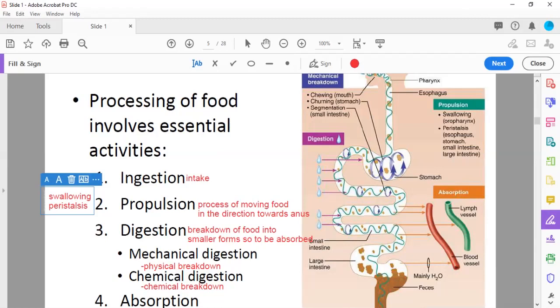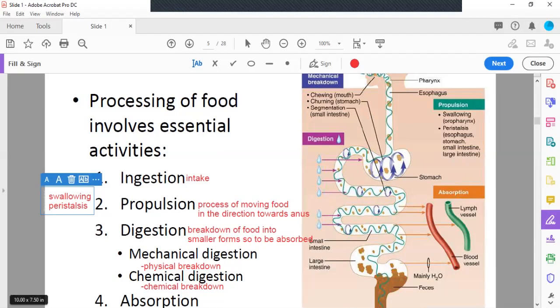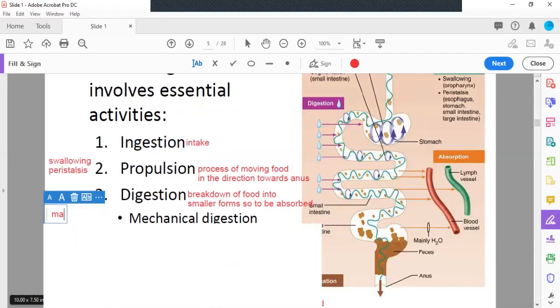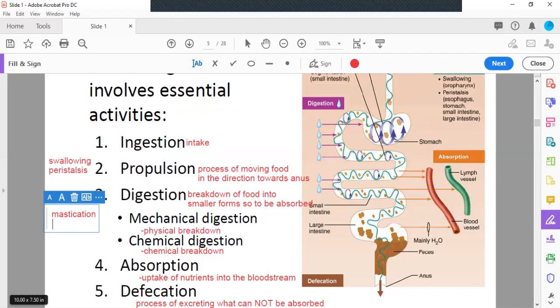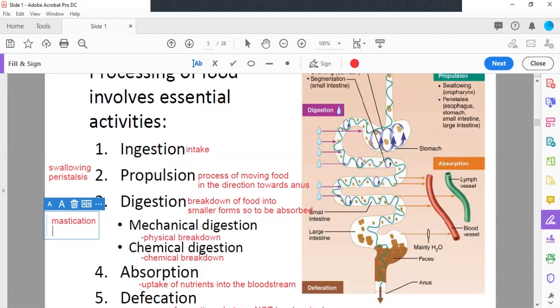Now, let's talk about the mechanical digestion. Where does this occur? Okay. So when you use the word mechanical digestion, an example of this would be you chew things, mastication. So these are examples of mechanical digestion.